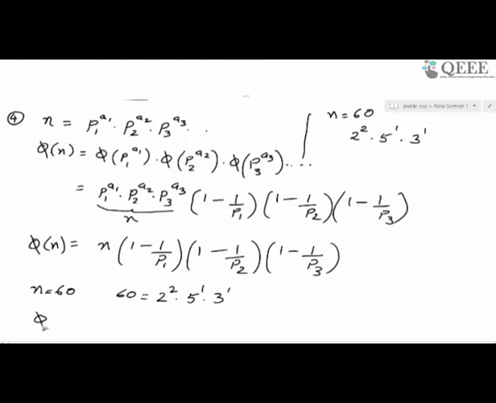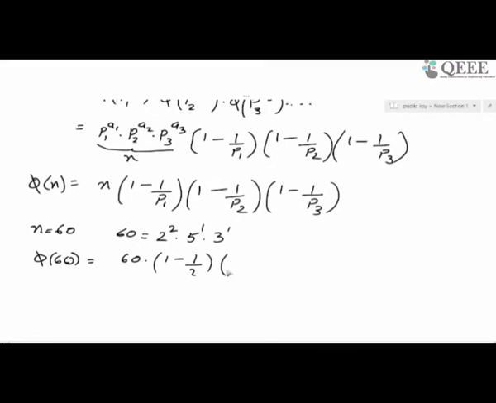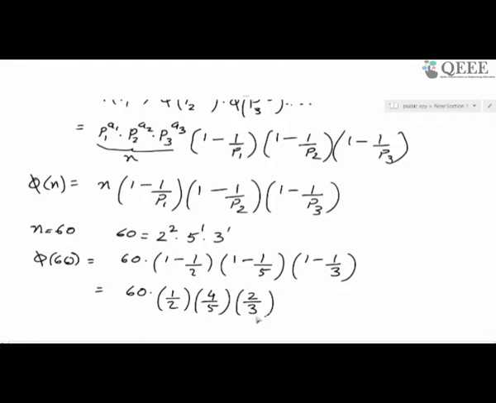So phi of 60 will be equal to n, that is 60, into 1 minus 1 by 2 into 1 minus 1 by 5 into 1 minus 1 by 3, and this is equal to 60 into a half into 4 by 5 into 2 by 3.